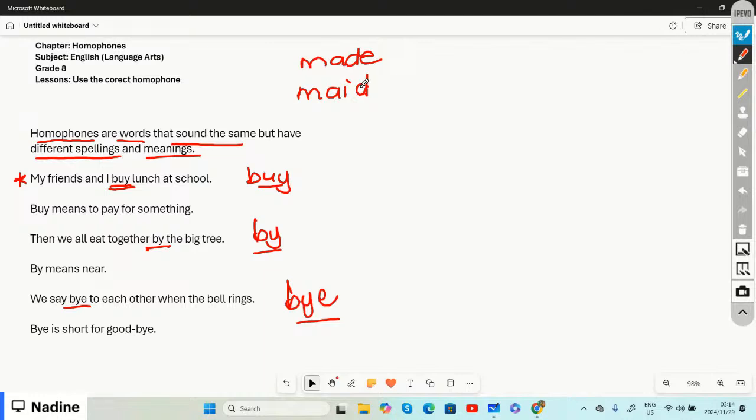And if we look at the first word made, it's like when you're making something, it's to create something. So you make something or you create something.